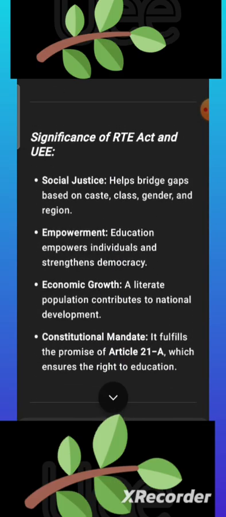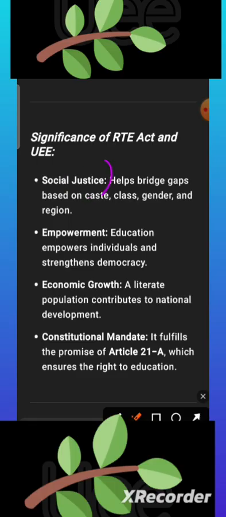Implementation and monitoring. The national and state commissions for protection of child rights, NCPCR or SCPCR, are responsible for monitoring. School Management Committees, SMCs, comprising parents and local stakeholders, are formed to oversee school functioning.